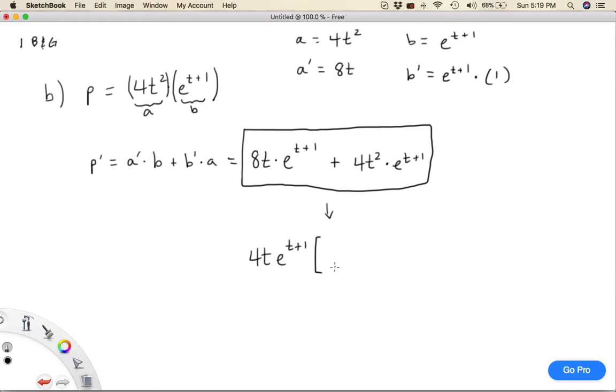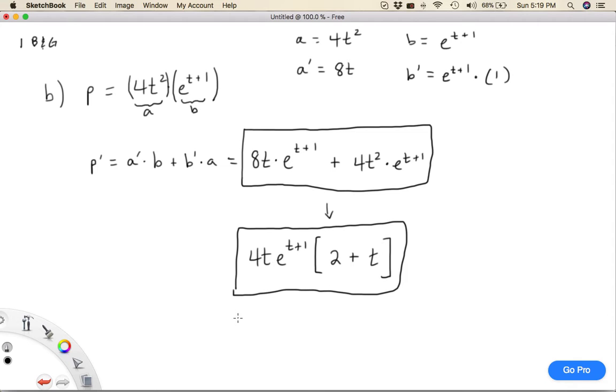So if you factor that out, I think the first piece is just going to be 2 plus, second piece is just going to be t, because you factor out a 4, a t, and an e to the t plus 1. So this would be an alternate form, slightly simpler. So depending on how picky your teacher is, you may need to simplify it.